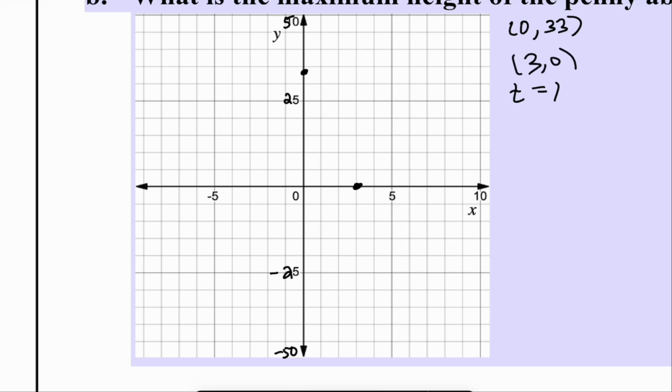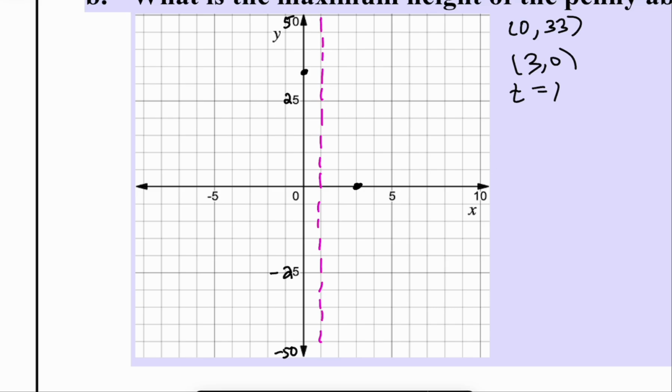Okay. And I know that my axis of symmetry has to be at 1. And so because of the symmetry, if I am 2 away for my one intercept, I have to be 2 away in the other direction for my other intercept.